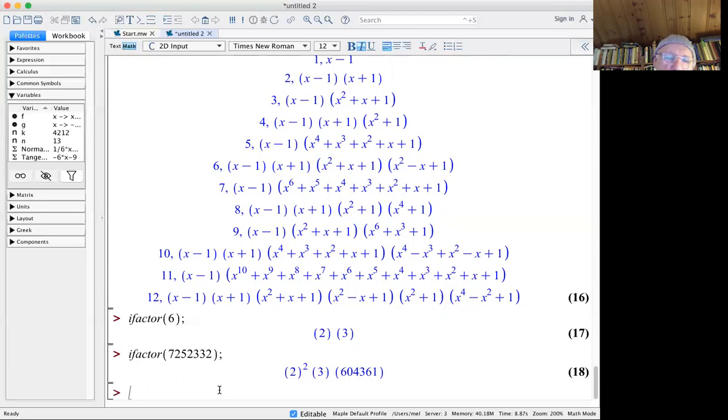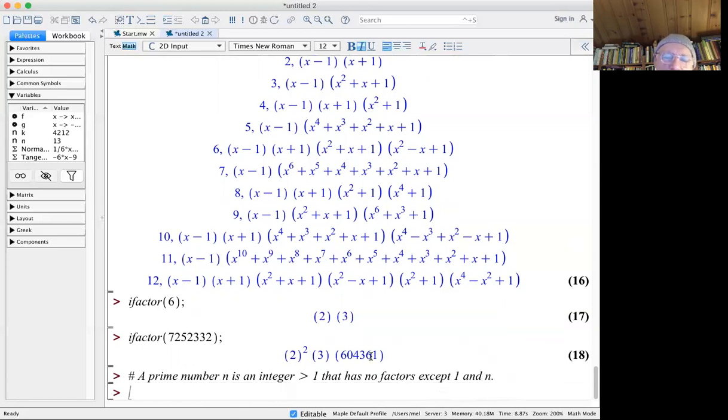A prime number is an integer n strictly greater than 1 that has no integer factors except the trivial ones, 1 and n. So this is a prime.